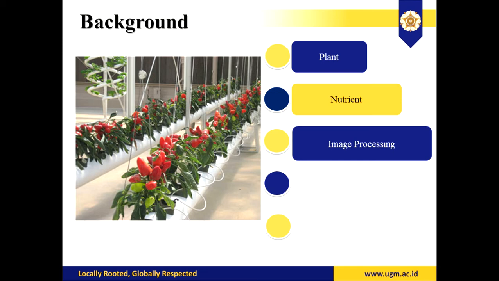If the nutrient is not enough as the plant needs, the plant cannot grow well. So we have to know the best nutrient content, so we can give certain nutrients to the plant.